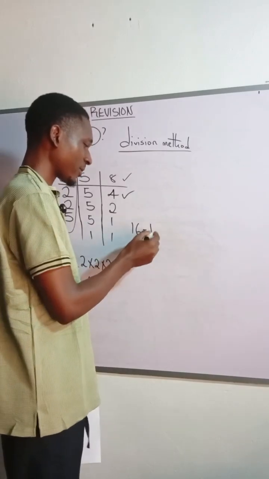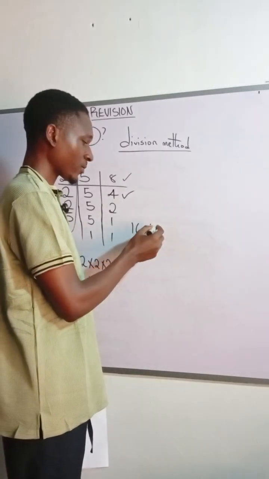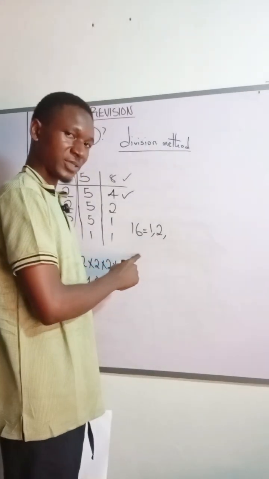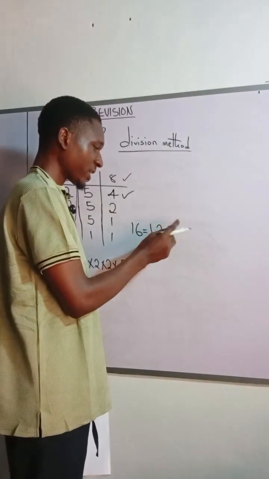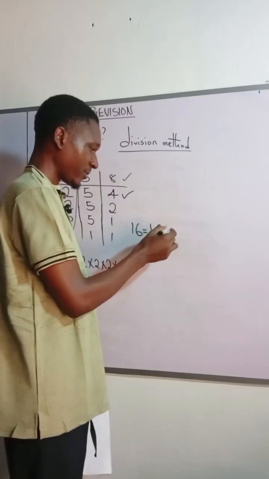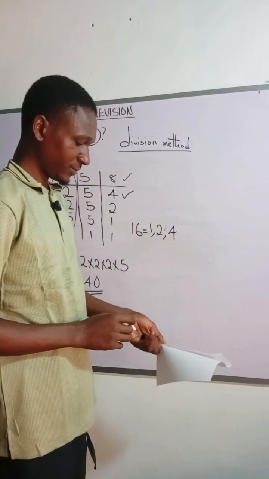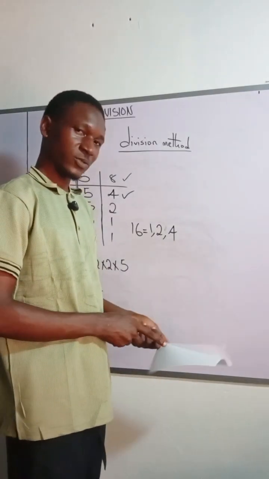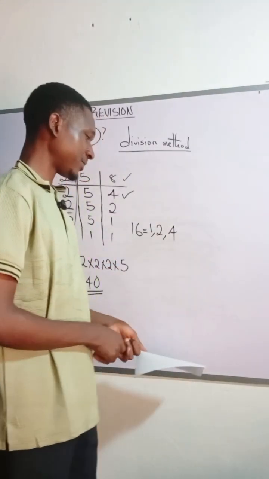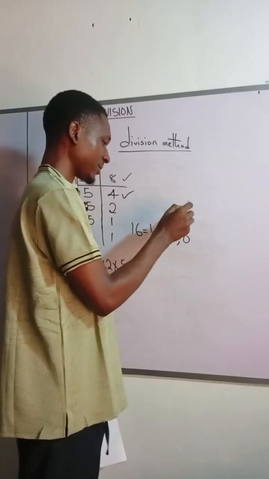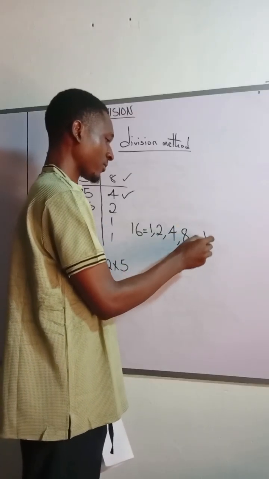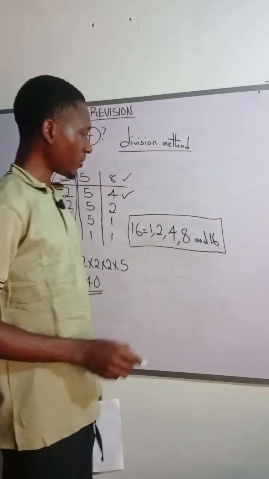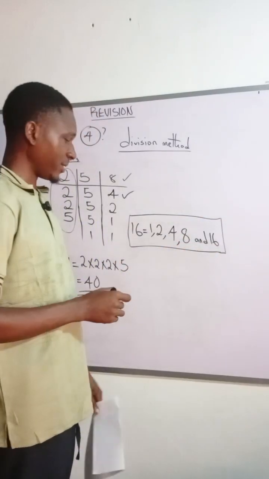For example, 1 can divide 16 without leaving a remainder. 2 can do that because 16 divided by 2 is 8, remainder 0. 3 cannot do that because there will be a remainder. 4 can do that because 16 divided by 4 is 4, remainder 0. Yes, 8 can do that, and 16. These are the factors of 16. These are the numbers that can divide 16 without leaving a remainder.